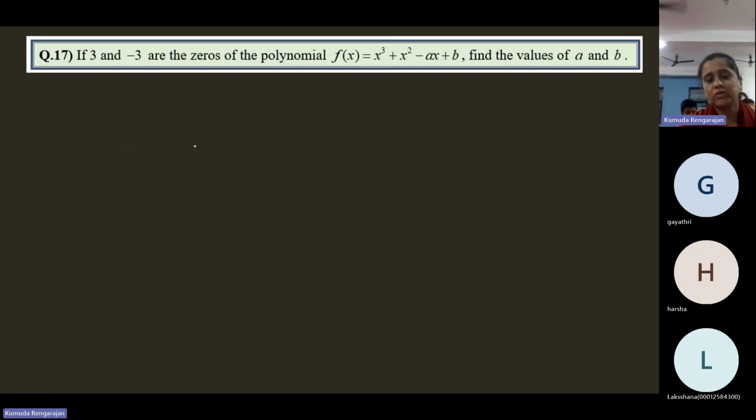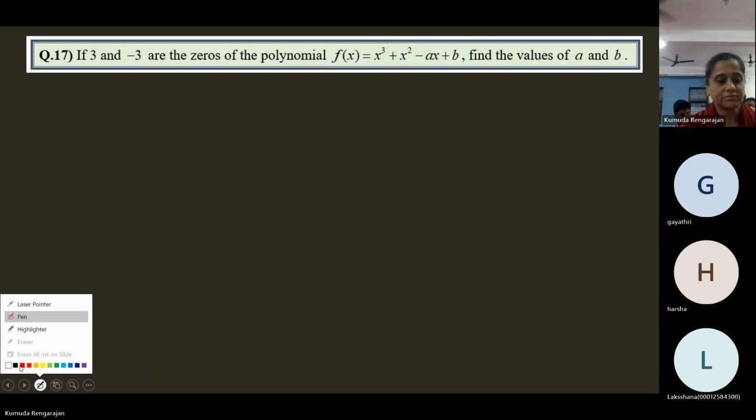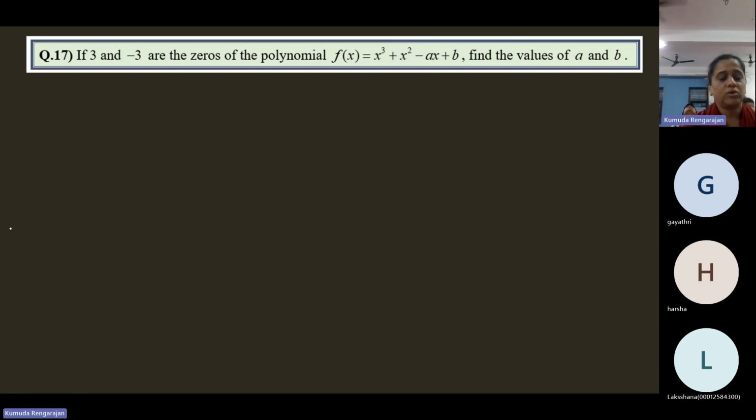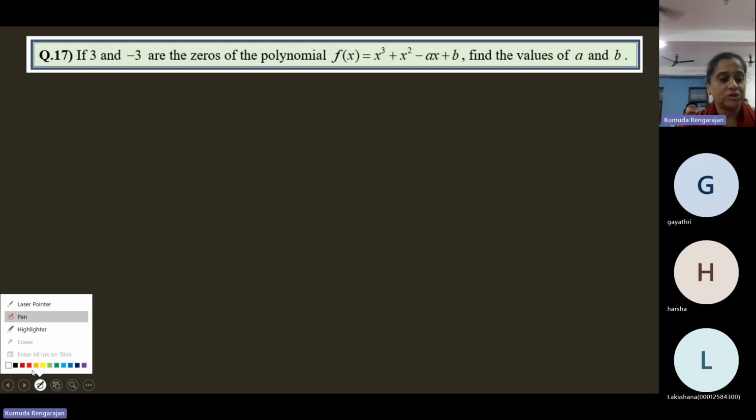So again, you will get two equations. You'll have to solve the two equations simultaneously and find the values of a and b. I want you all to work and get the equations by yourself.